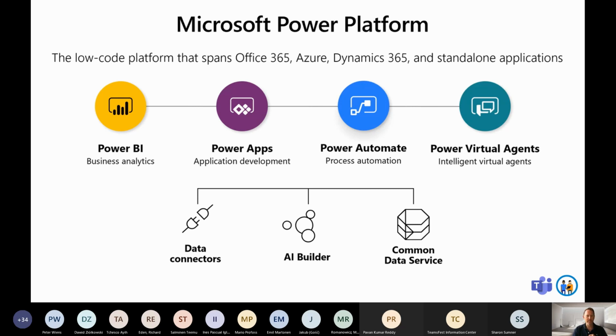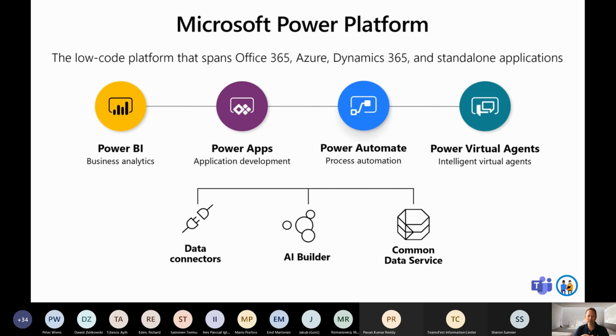With Ignite 2019, Power Virtual Agents came along, which are also a great way to create bots without coding. All these services in Microsoft 365 have a common ground, which is the data connectors, which connect the data from the data source to your service, and the AI Builder you can use to create your own bot.